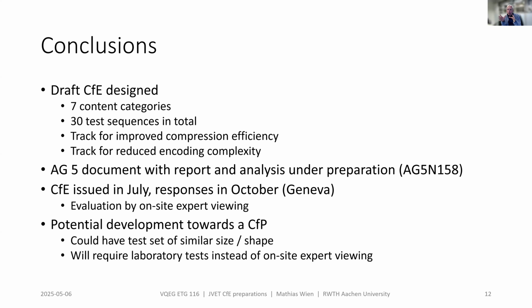Maybe I should have explained that a bit more. The whole effort that we did was to identify target bit rates. So ultimately, the proponents don't get a QP or whatever. This is totally up to the proponent. The proponent gets a number of bit rates, and they would say maybe code this content at, let's say, 800, 1600, 3000-something kilobits per second.